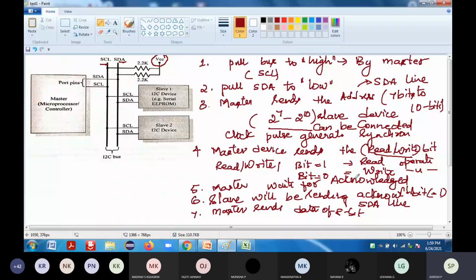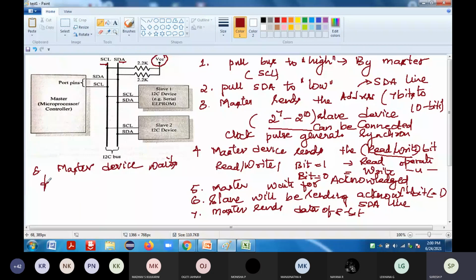Once the data has been transferred, what does the 8th step do? The master waits for the acknowledgement bit from the device upon transfer complete. So the master device waits for acknowledgement.